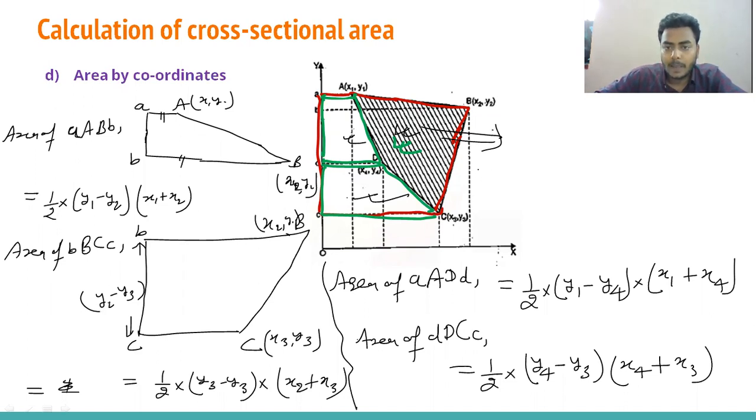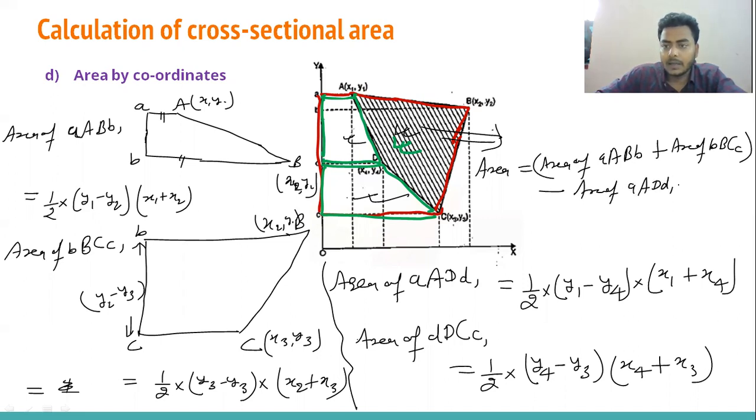The area is the summation of area of A, B, b, a, plus area of B, b, c, C, minus area of A, D, d, a, minus area of D, d, c, C.